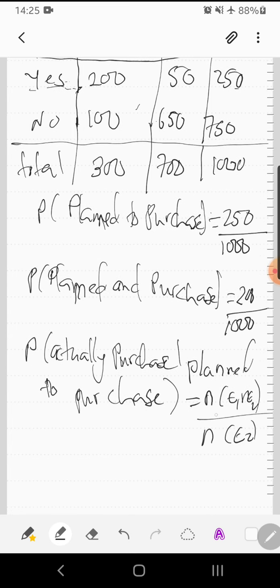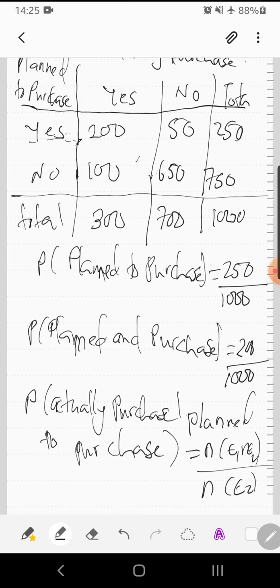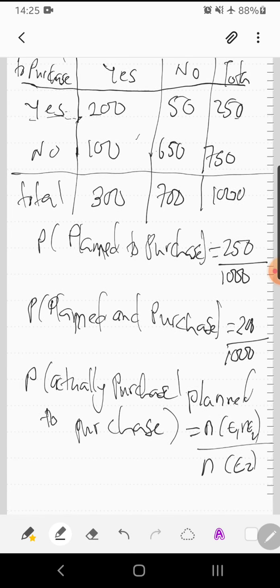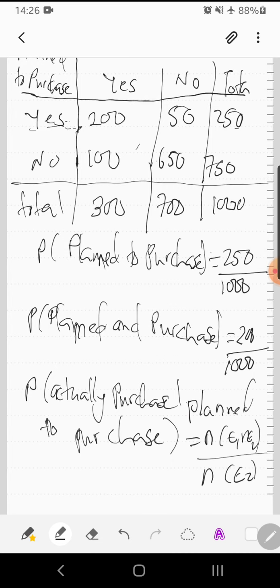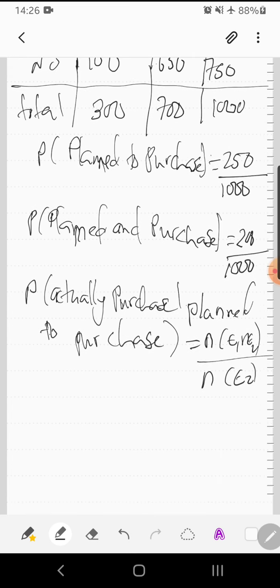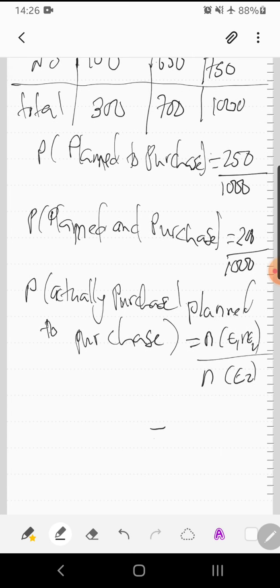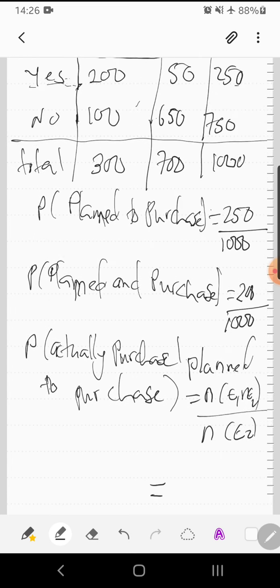So E1 here is actually purchased and planned to purchase. Those that actually purchased and planned to purchase, these are here: yes under planned to purchase and yes under actually purchased. The number of ways that can occur is 200.